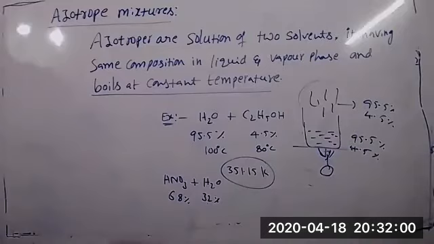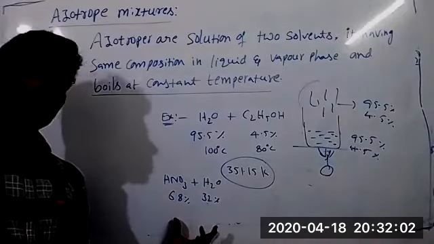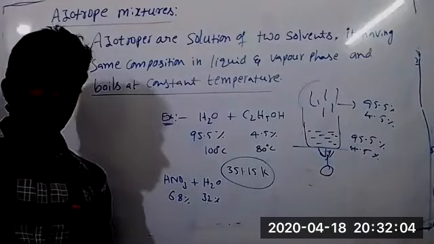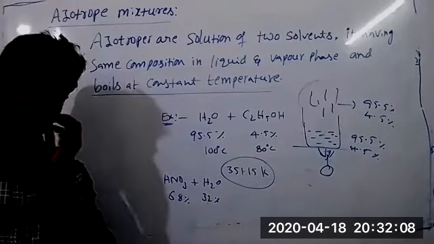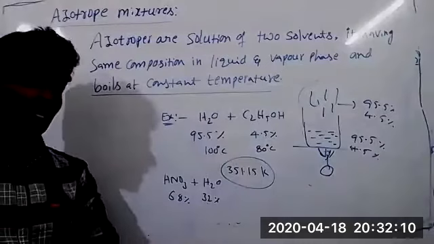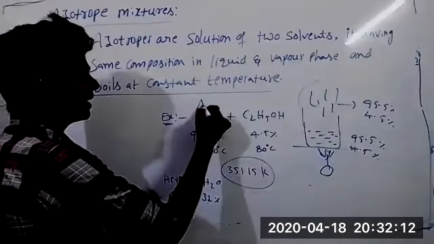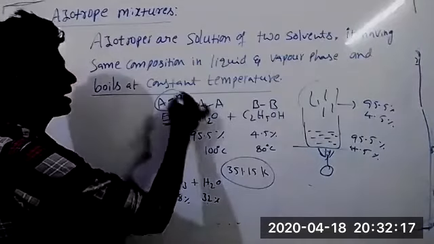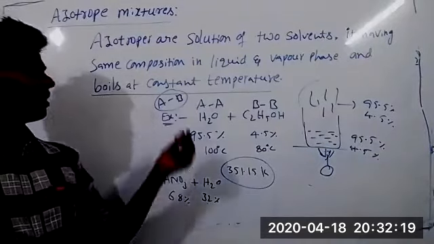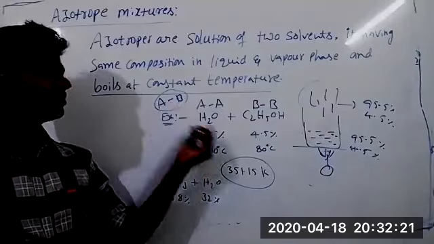Okay, good question. See, when you mix these two components, some interactions are common between the two components, water and HNO3, or between water and ethyl alcohol. Already we discussed this. This is AA interaction. This is BB interaction. When you mix those, it gives AB interaction. Because of this AB interaction, some changes will come.